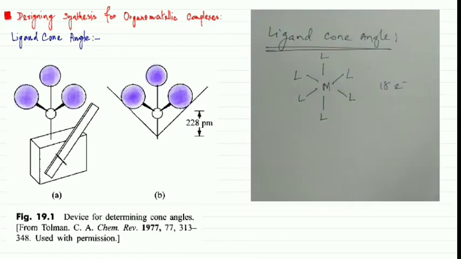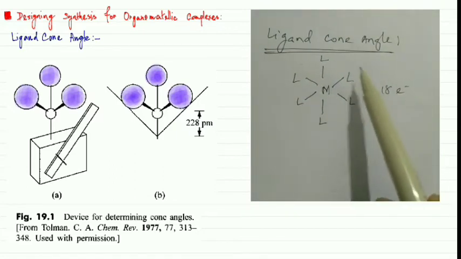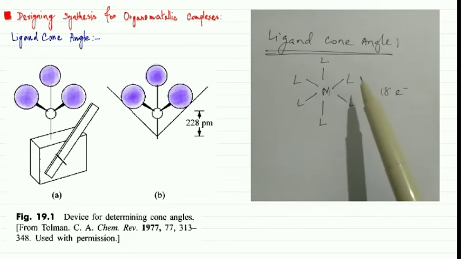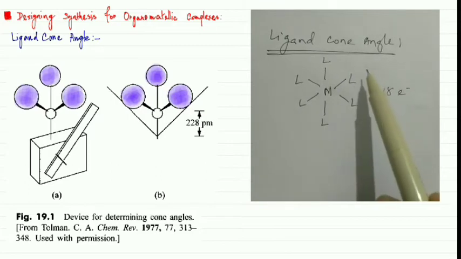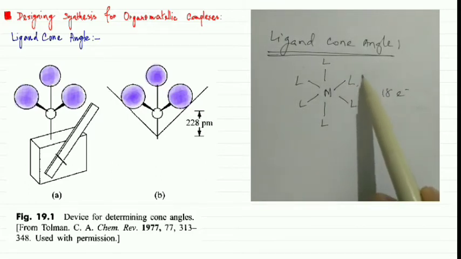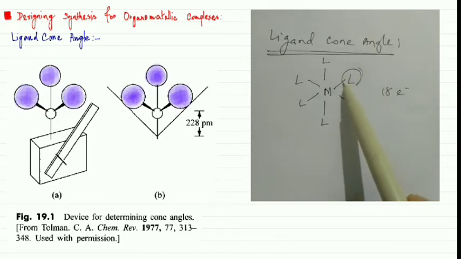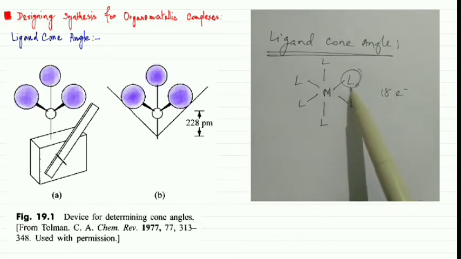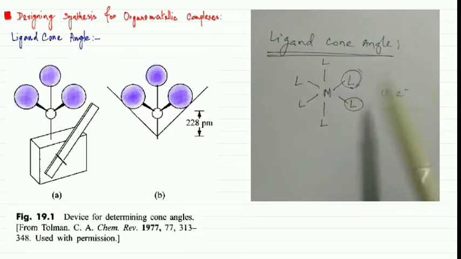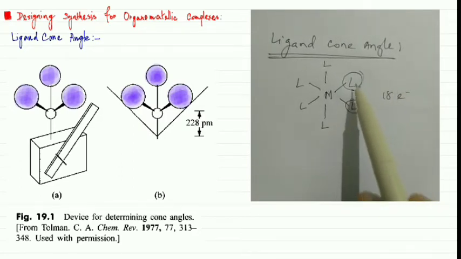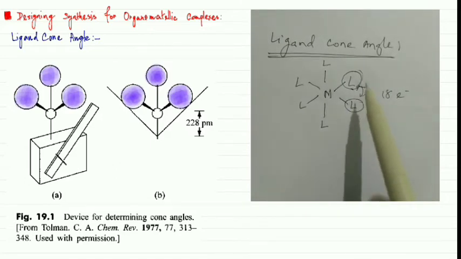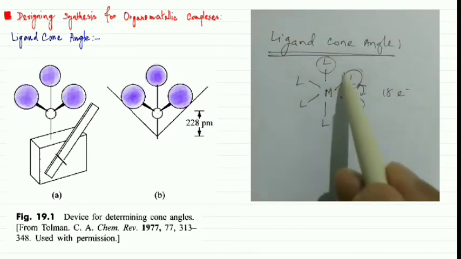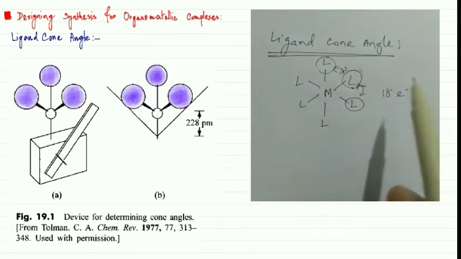If the size of the ligand is significantly high, then what will happen? There will be some interaction, because they will repel if the size of this ligand and this ligand is high. They will repel each other. As a result, it will become unstable.